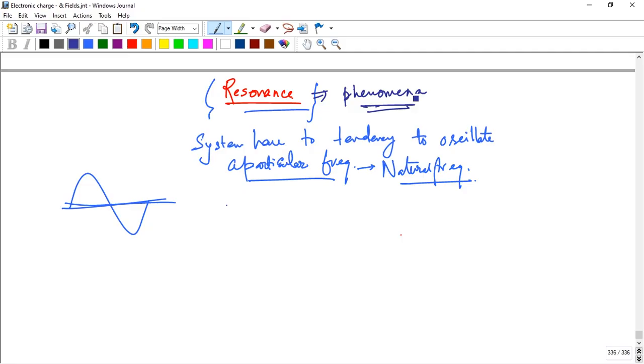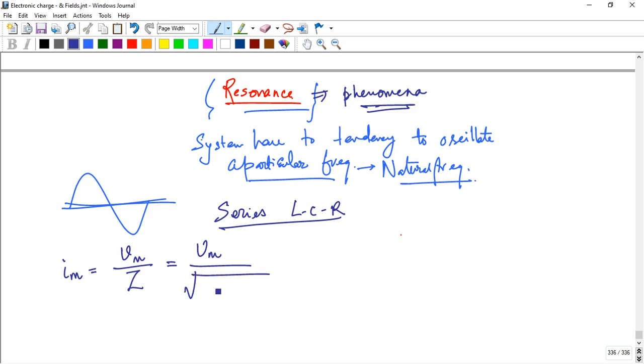So here in the series LCR circuit, in continuation of the previous concept, the maximum current Im equals Vm by Z, where Z is the impedance, which is root over of R squared plus (Xc minus XL) whole squared. Xc is the capacitive reactance and XL is the inductive reactance.